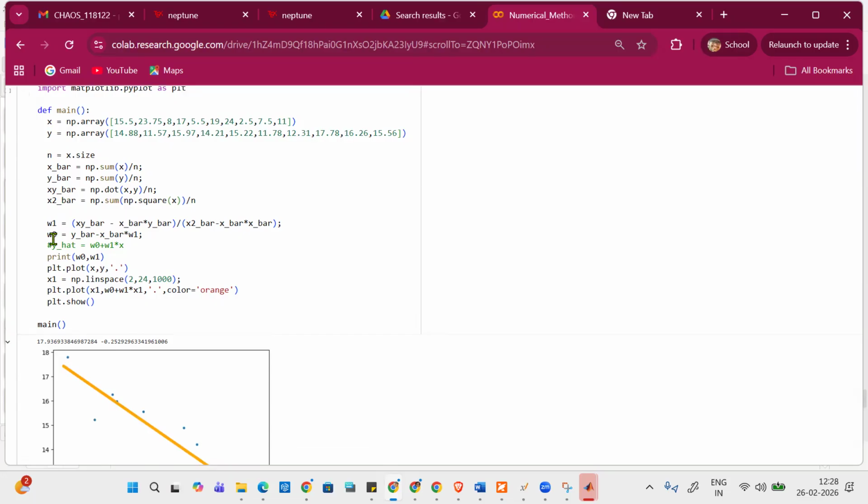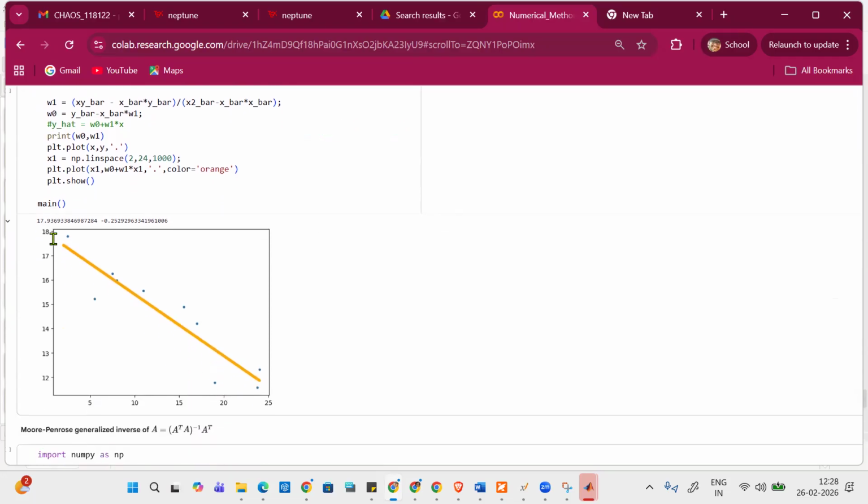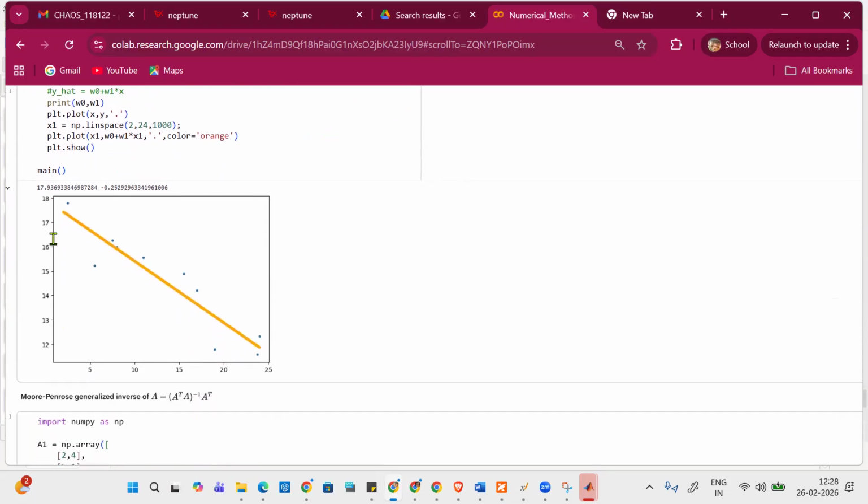Okay, fine. So what we are doing here, you can see I am plotting the X and Y data. These are the blue points, and this orange line is the regression line, that is y hat equal to W0 plus W1x. And I am printing W0 and W1 here. So W0 is 17.93 and W1 is minus 0.25.